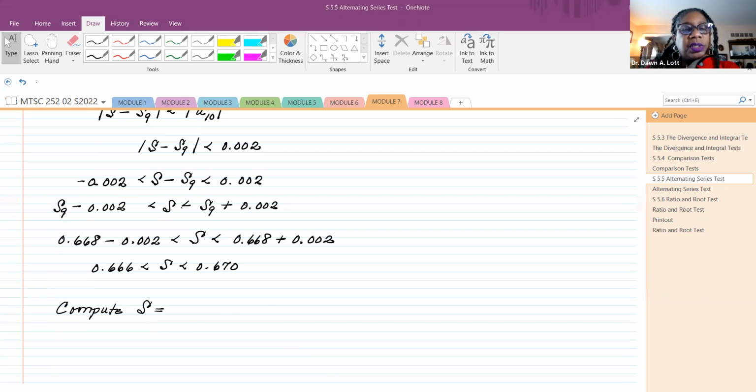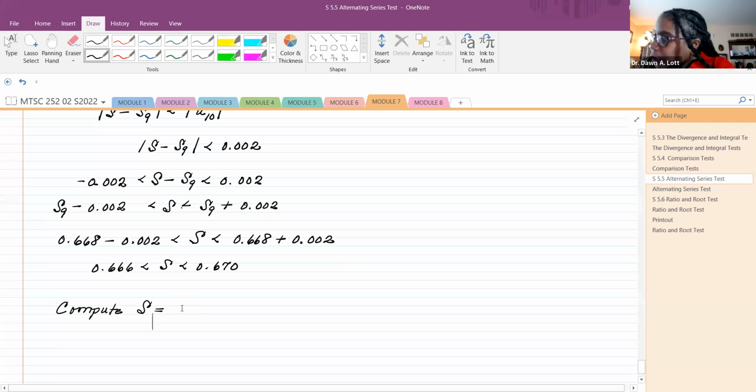What does a geometric series sum to? When it sums, it has a certain value. What is it? You have to be able to compute the sum of a geometric series on the test. This is a over 1 minus r.